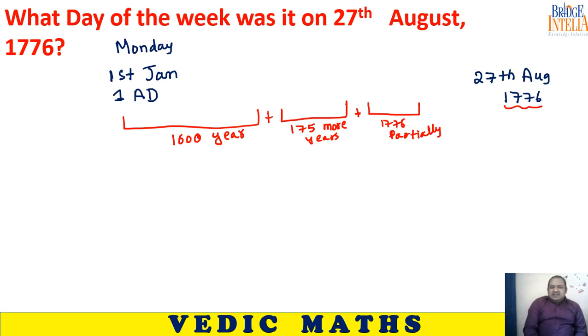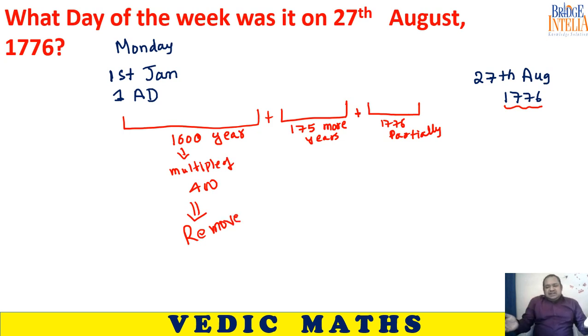Why have I written 1600 separately? Because this is a multiple of 400, and this I can easily remove. It is supposed to be removed because after every 400 years it becomes 0, and 0 means no extra day. If there is no extra day, you can easily remove that.